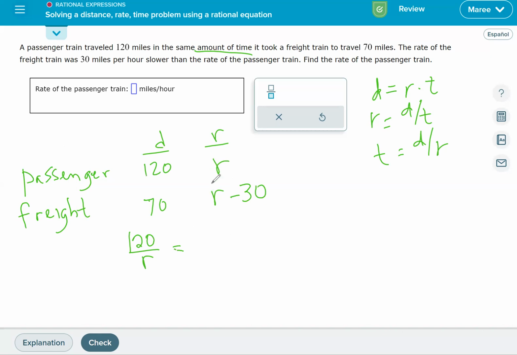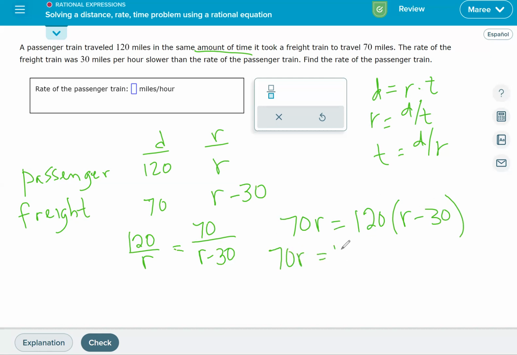That'll give us the time. And the freight train distance divided by its rate will be the same time. So we cross multiply, which is 70r equals 120 times the quantity r minus 30. Be careful to make sure you distribute.